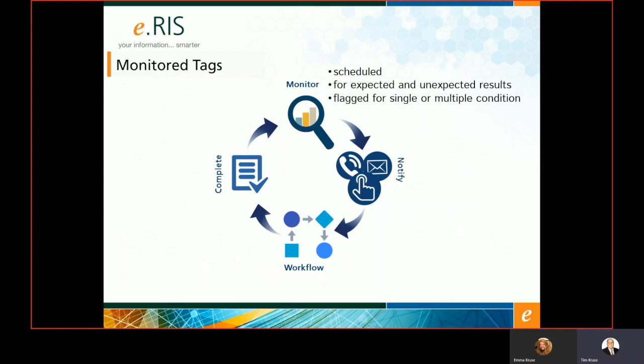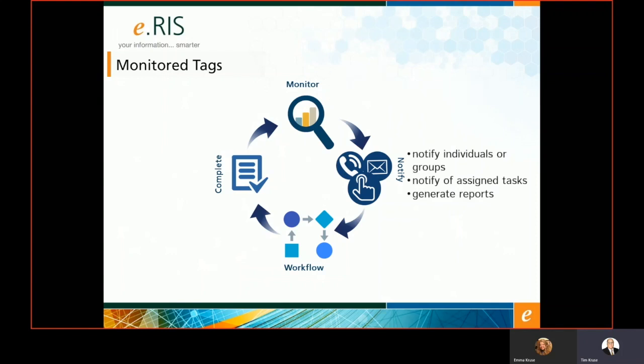So as the monitoring happens, if it finds something, things are flagged, and then people are notified. The notification can happen to individuals or groups in or outside of your organization, and people can then be assigned work tasks.